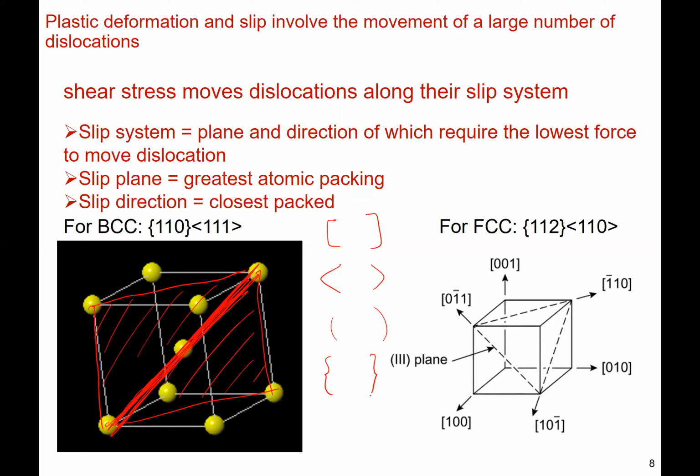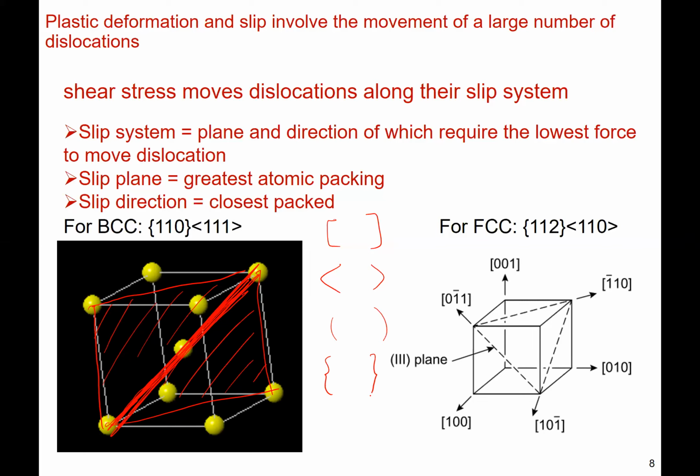Okay, so these slip systems tell us which plane and which direction it's easiest to dislocate, right? Which direction will require the least amount of force to move the atom. And that's typically in the highest density planes or the highest density direction. And so when we talk about the planes and the direction, that is the slip system.